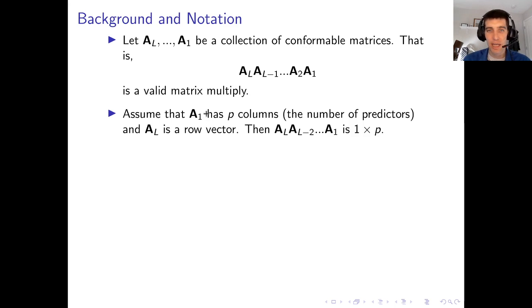And I'm going to assume that A_1 has P columns, where P is the number of predictors, and that A_L is a row vector.